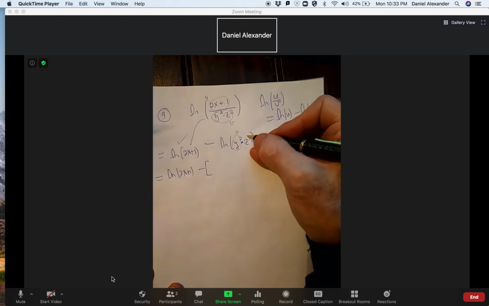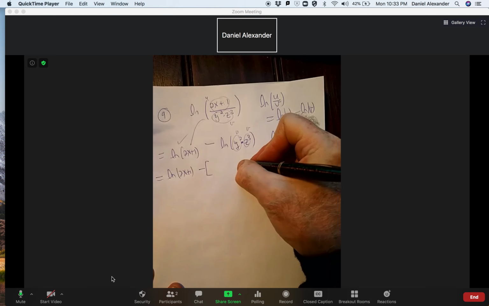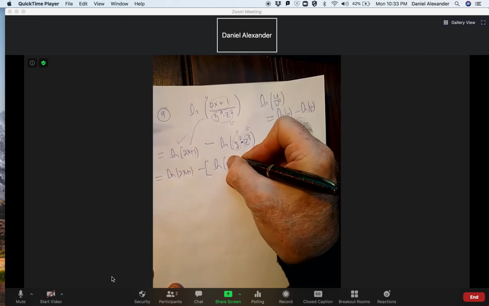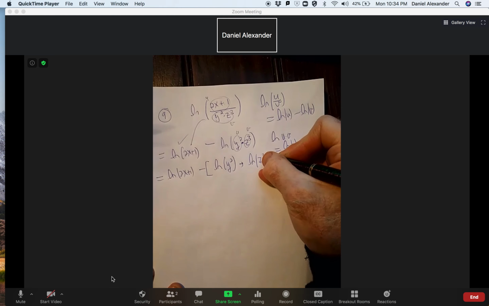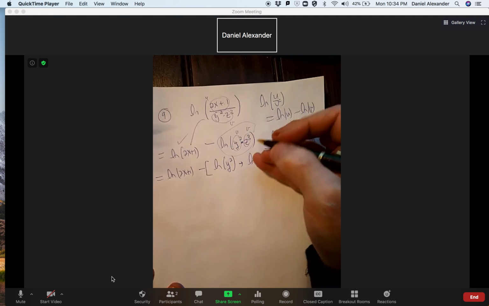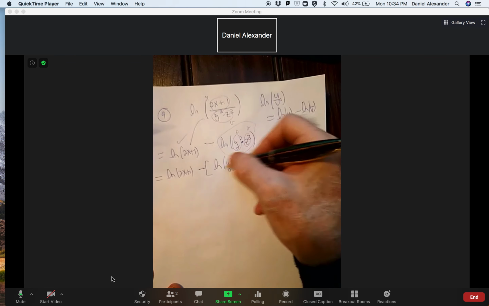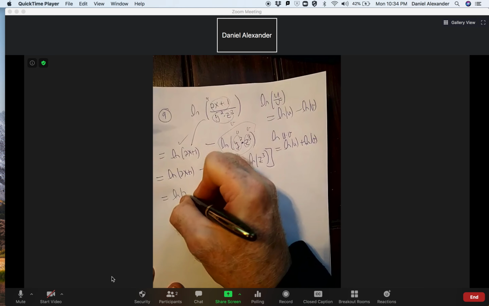U is my first term, y squared. V is my x cubed. There's going to be a plus. So it's going to be natural log of the first one plus natural log of the second. Remember on this one, I used the multiplication rule, but I'm going to apply this minus sign to everything. But I'm going to do that for my last step.